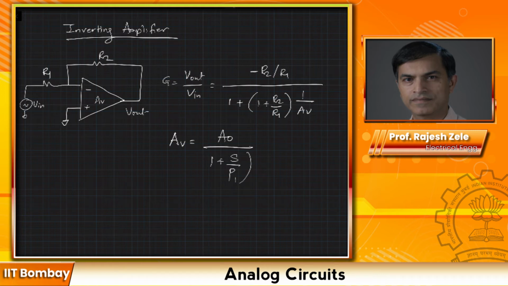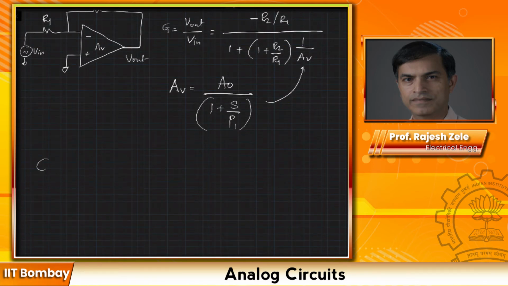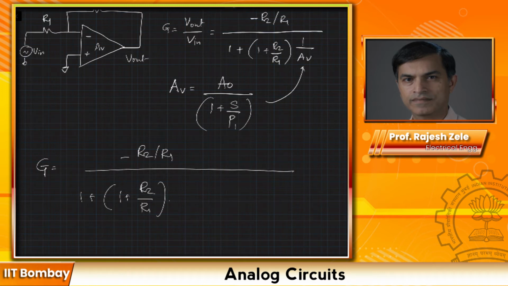So gain G is given by minus R2 divided by R1 divided by 1 plus R2 divided by R1, and here we have A0 and 1 plus s divided by P1. So this term right here, I can split it in two pieces as 1 divided by A0 plus s divided by A0 P1. Then we can spread this expression out.